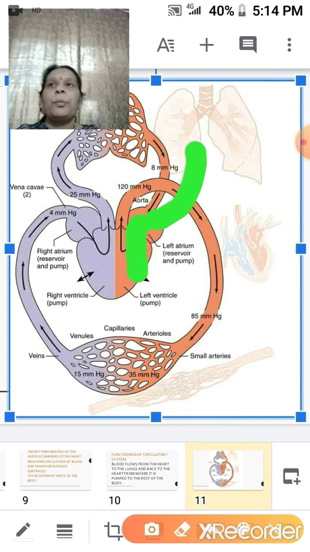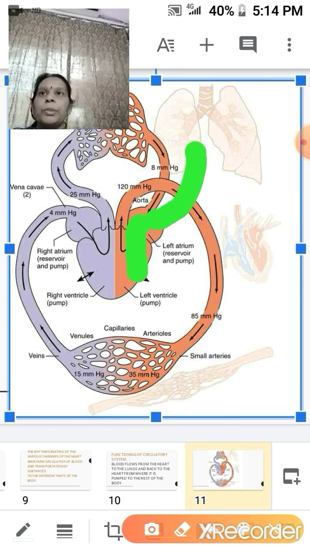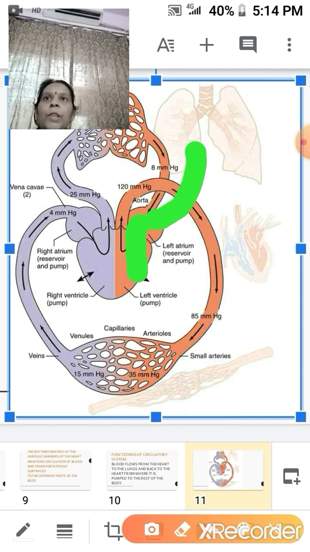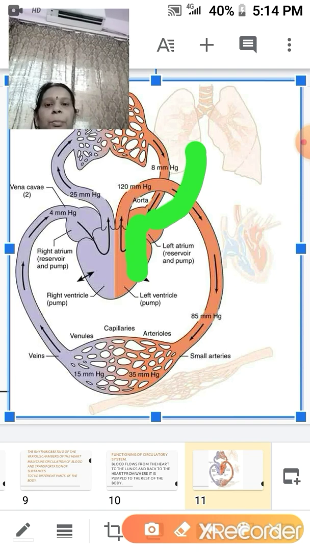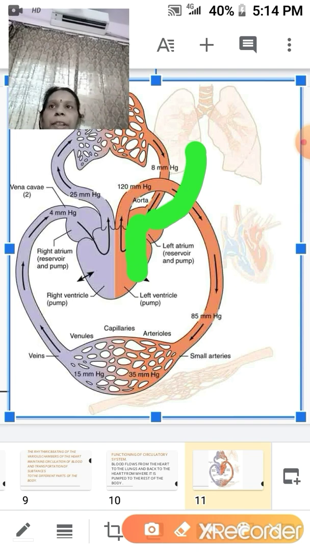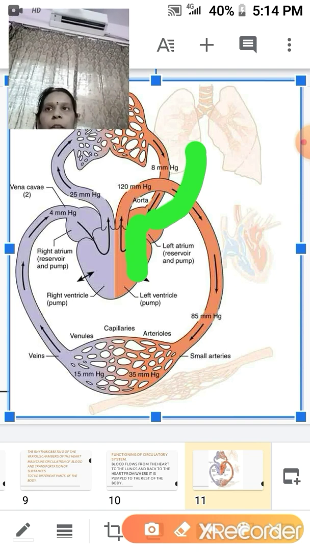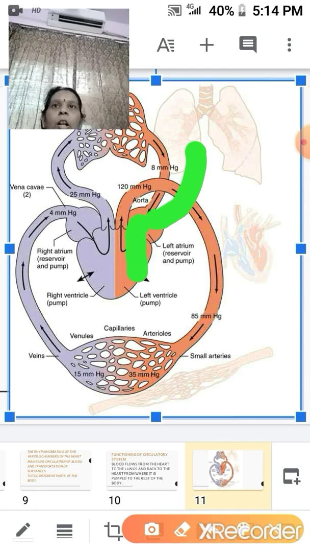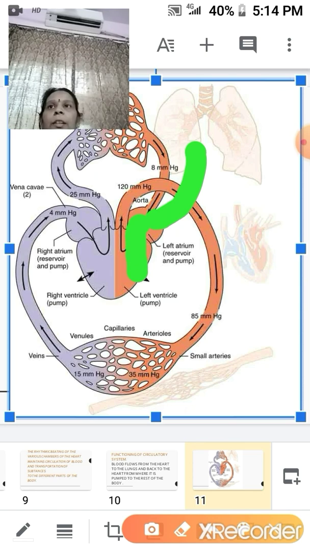Now the left ventricle pumps the oxygen-rich blood to each and every part of the body through the aorta. The aorta is said to be the largest artery within the body. The oxygen is then used up and the cells produce carbon dioxide.